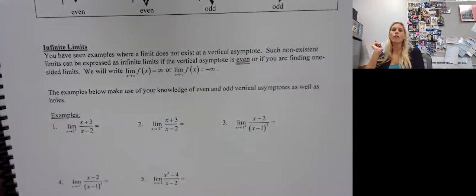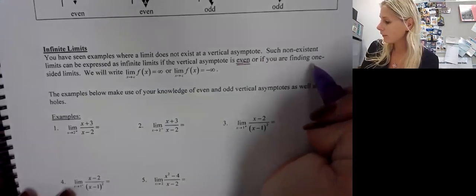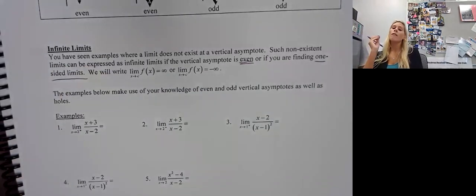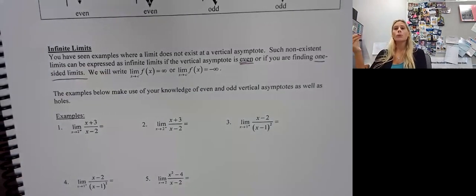Or if we're finding a one-sided limit, because with odd, if you're only finding one side, we can still express that as infinity or negative infinity. We have to be prepared for both, because when we do multiple choice on the test itself, you don't know if that answer is going to be a does not exist offering there, or if it's going to be positive or negative. So we have to get ready for both.